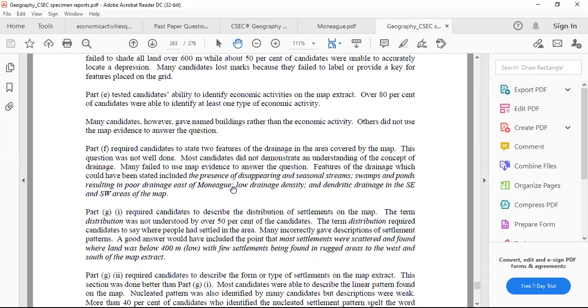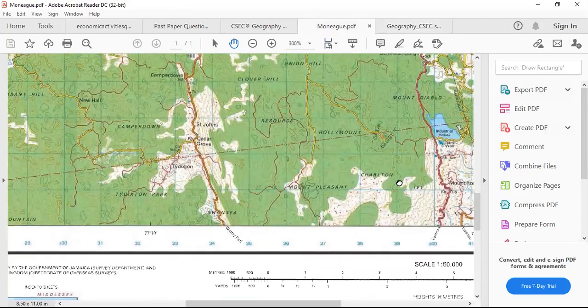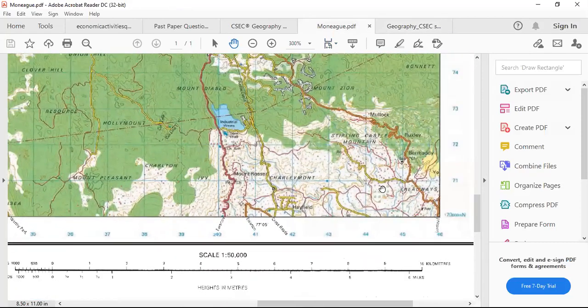You all see how they stated the actual area: low drainage density in the southeast and southwest areas of the map. So we just said those things, dendritic at the bottom here. This is southwest, and southeast is the same thing, dendritic at the bottom here.